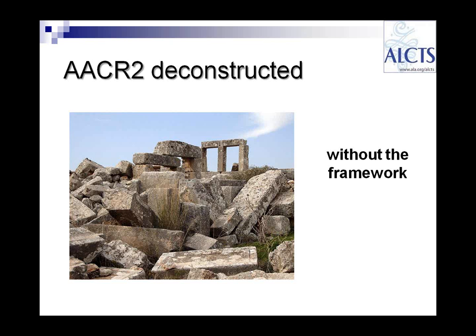If you take away the framework, you have the stones, the rules alone. Now, this deconstruction metaphor is not totally out in left field because, in fact, at the very beginning of the development of RDA, there was a time when the AACR2 rules from Part 1 were taken out of the structure of the Class of Materials chapters and were shuffled around in new ways, trying to follow the ISBD areas. And that began a visioning process that eventually led to RDA.